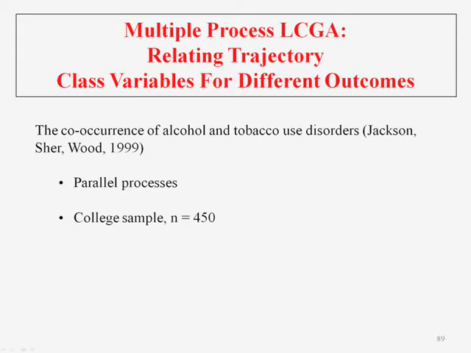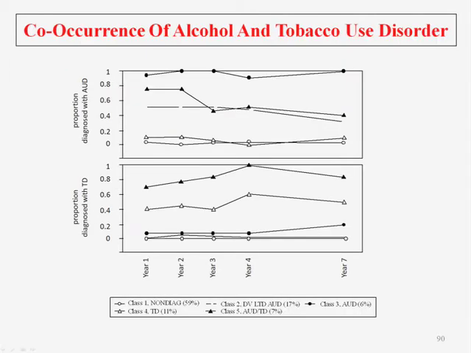Multiple process LCGA is possible, and we have an example by Christy Jackson, Ken Shear, and Phil Wood, a college sample looking at AUD, that's alcohol use disorder, and TD, which is tobacco use disorder. So two processes going forward at the same time in a college sample.